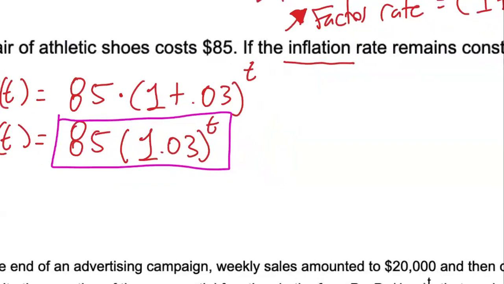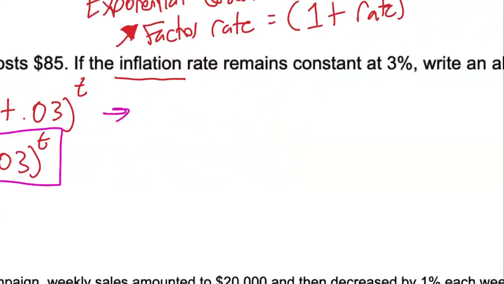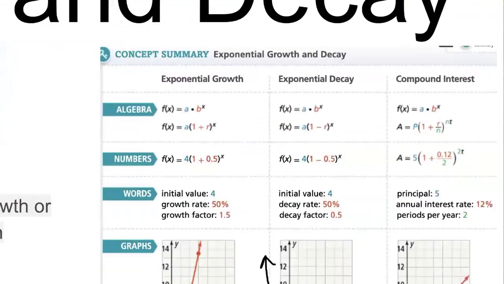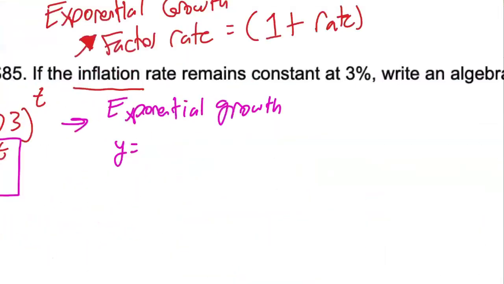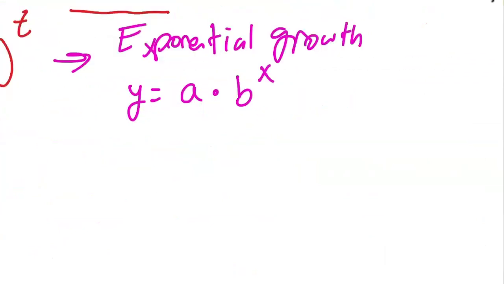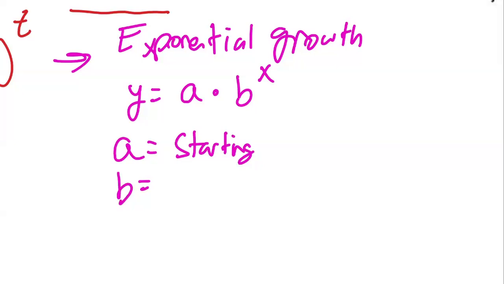I probably should have done this first. So the formula for exponential growth is y is equal to, let me look at the notes for this, it's in the very beginning. y is equal to a times b to the power of x. Now a represents your starting amount, and b represents your factor rate.